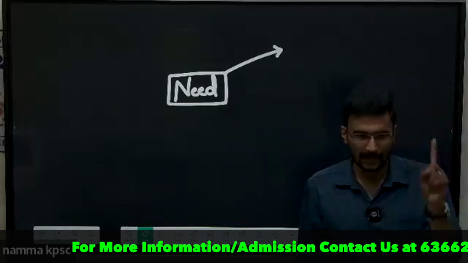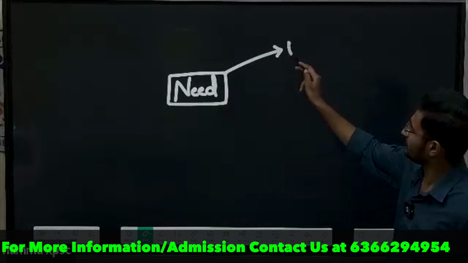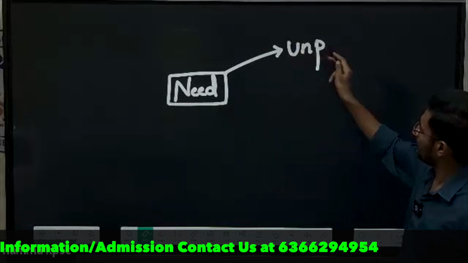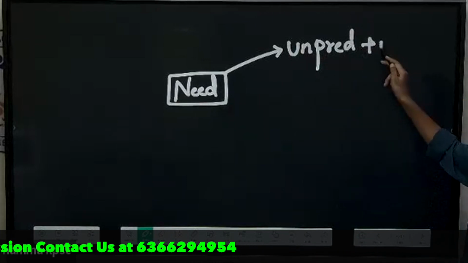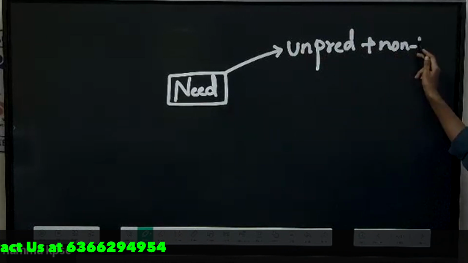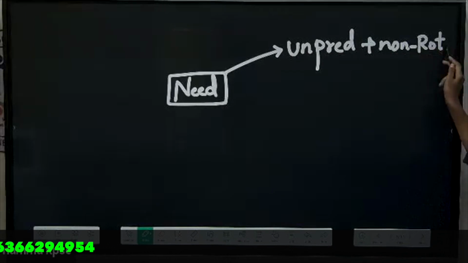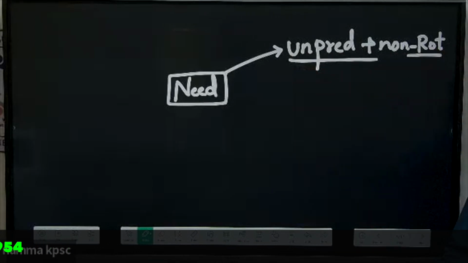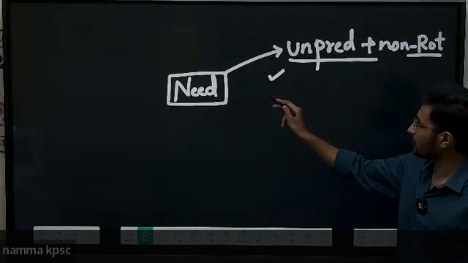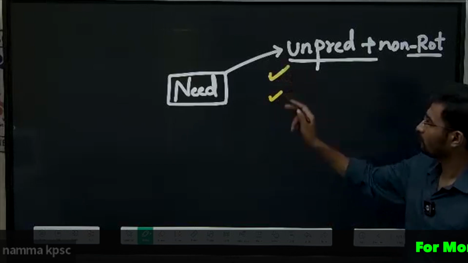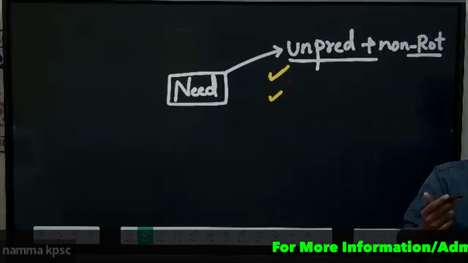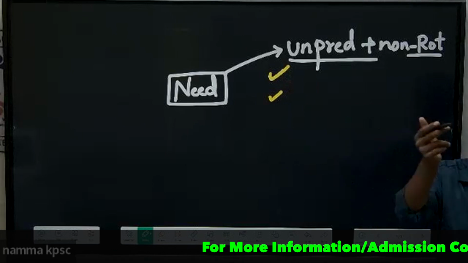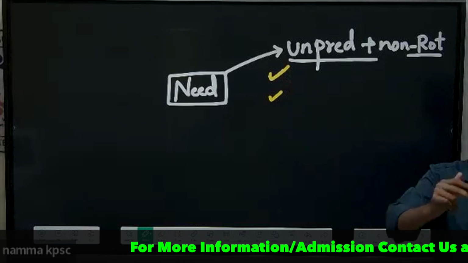First is unpredictable, as well as majority of the works are non-routine. Give an example, sir? Take the example of implementation of the policies during COVID, or during the 1991 crisis time.